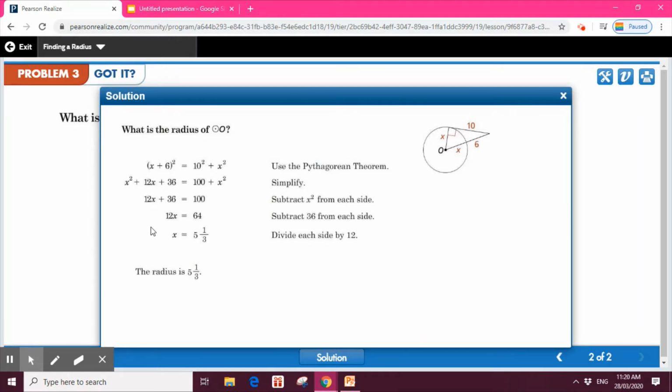Now subtract 36 from each side. We have 12x equals 64, because 100 minus 36 is 64. Next, we divide each side by 12 to get the variable x. x is equal to 5 and 1/3. So the radius is 5 and 1/3.